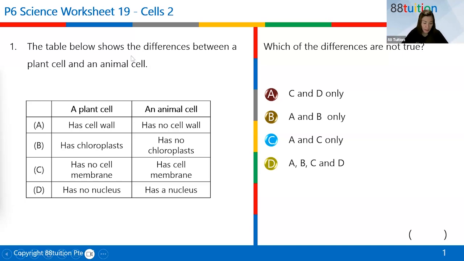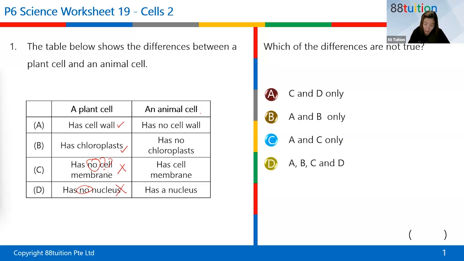There's a difference here between the plant cell and animal cell, and you must identify those that are not true. If you look at the plant cell: cell wall, this is correct; has chloroplast; no cell membrane, this is not true; no nucleus, not true.